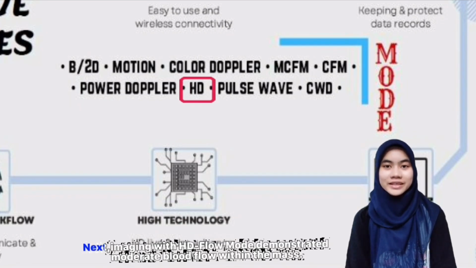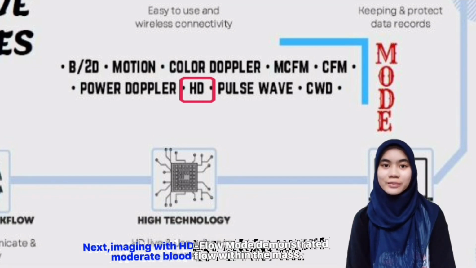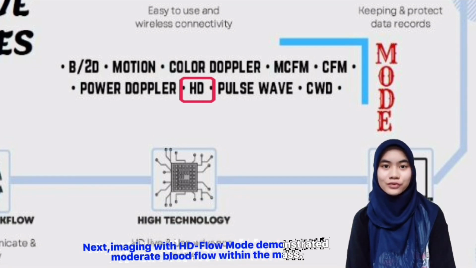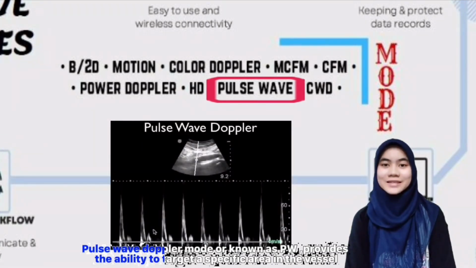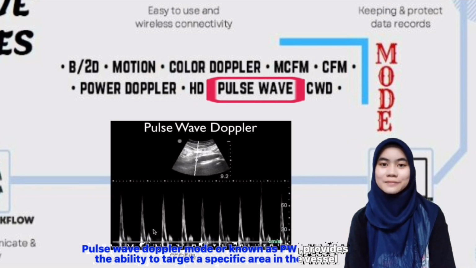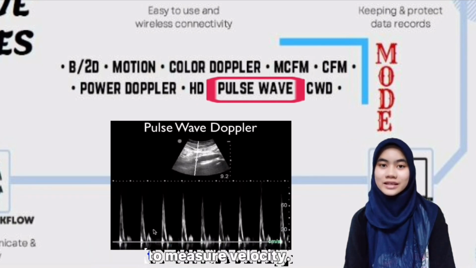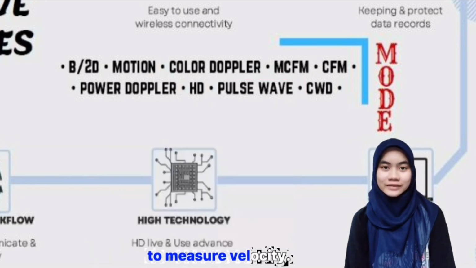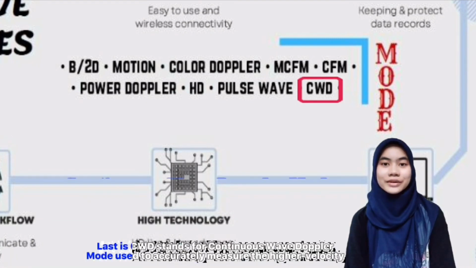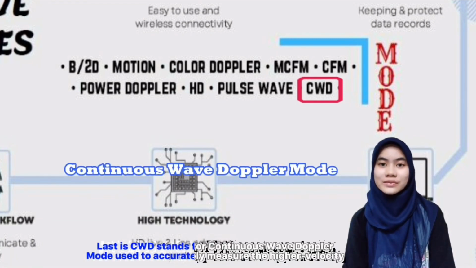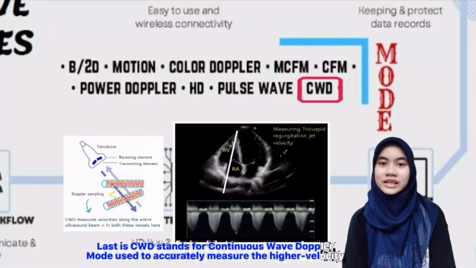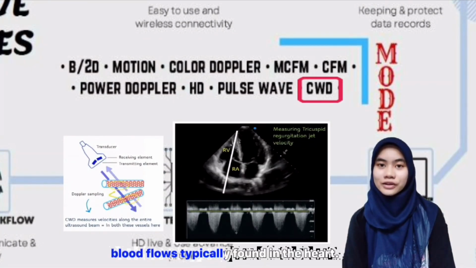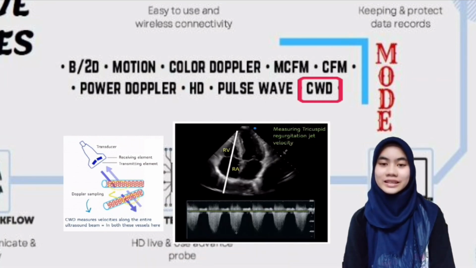Next, imaging with HD Flow mode demonstrates moderate blood flow within the mass. Pulse wave Doppler mode, known as PW, provides the ability to target a specific area in the vessel to measure velocity. Last is CWD, which stands for Continuous Wave Doppler mode, used to accurately measure the higher velocity blood flow typically found in the heart.